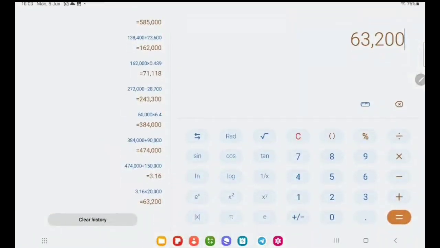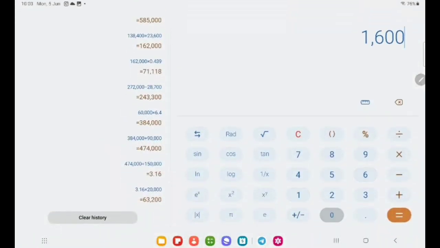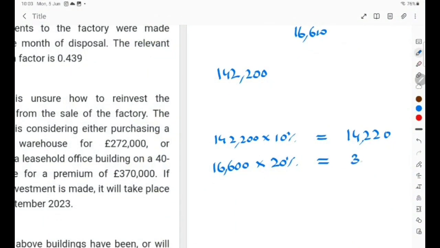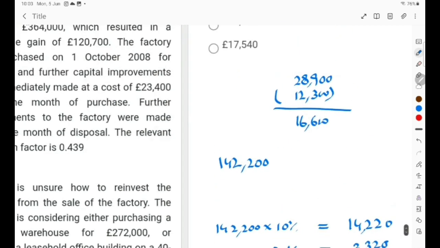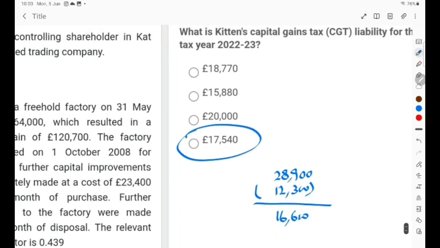So it will be 3,320. So the total will be 17,540. So this is our answer for the last part.